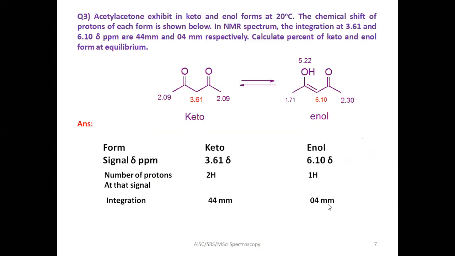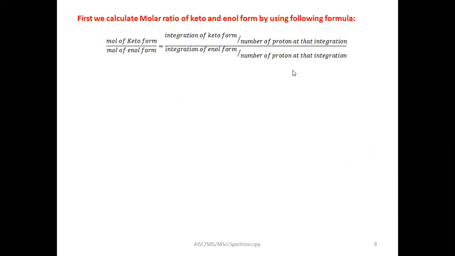So using this, one can calculate the molar ratio. The molar ratio formula: moles of keto form divided by moles of enol form is equal to the integration of keto form over the number of protons at that signal, divided by the integration of enol form over the number of protons at that signal.